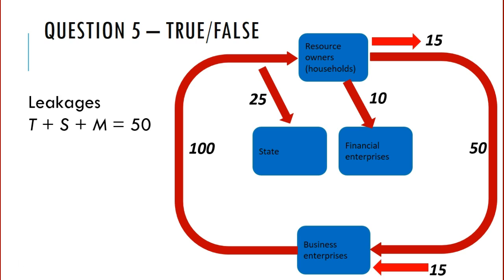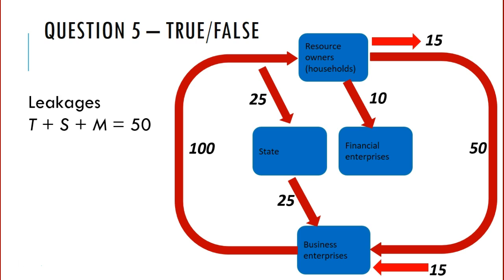Let's say there's $15 in export revenue generated that's injected back into the system. Let's say the state takes the $25 in tax and injects it back into the system, $25, in order to buy schools and hospitals and roads and things like that.